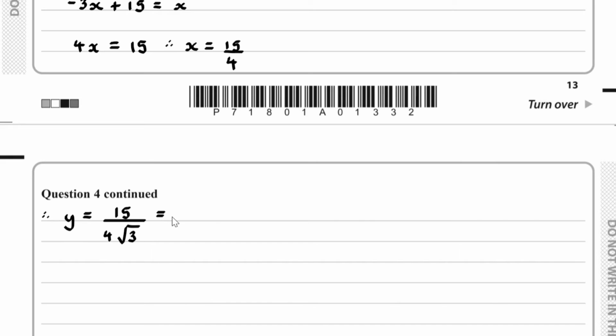And if I attempt to rationalize, we end up with 15 root 3 over 12, which simplifies to 5 root 3 over 4.